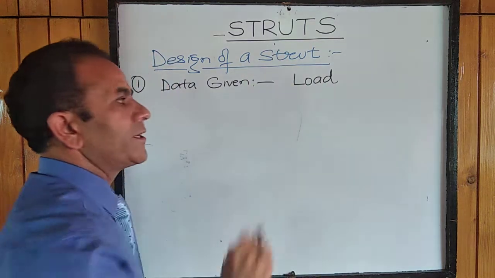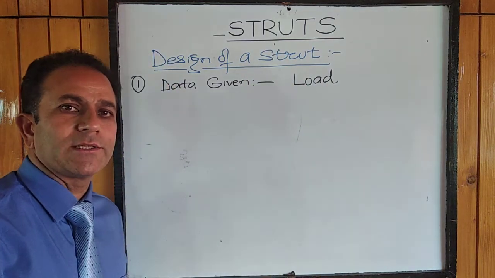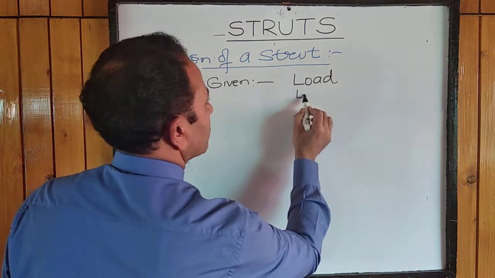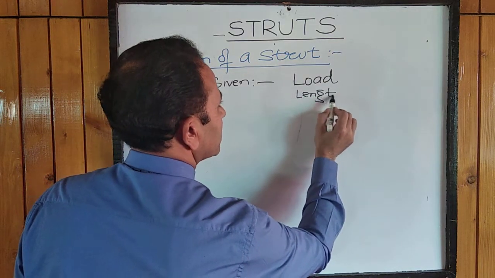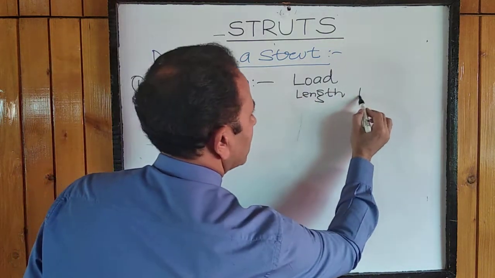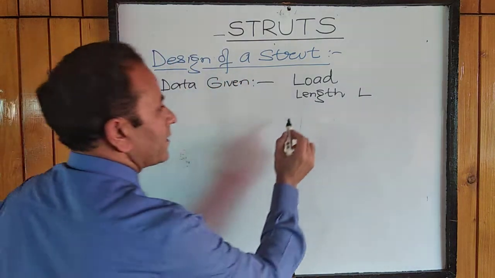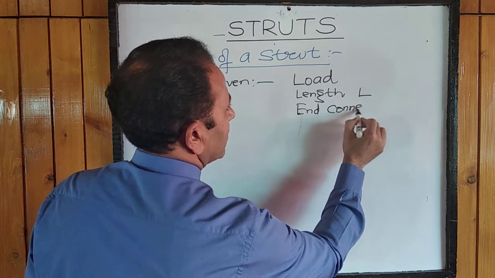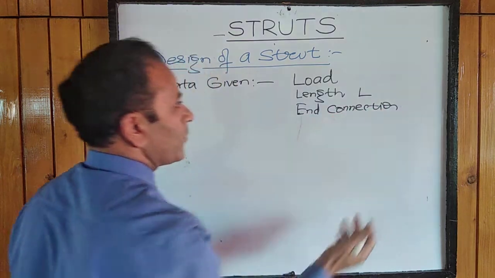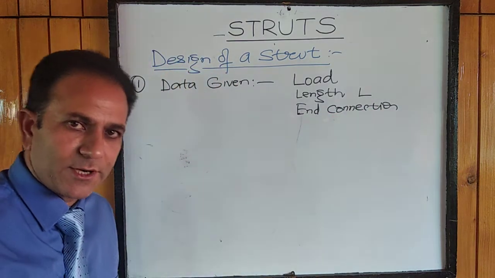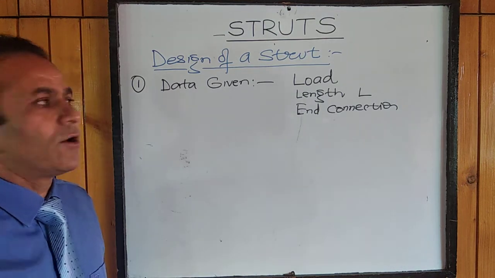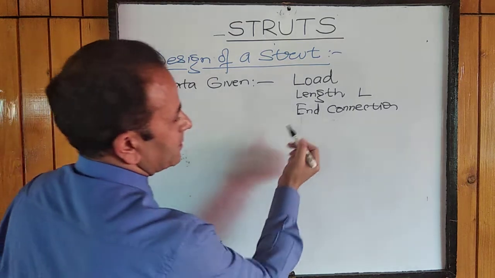This time the load will be provided for which the angle strut, or simply strut, is to be designed. The length of the member between the intersections, that is the total length L, and the condition and connection, whether a riveted end connection or a welded end connection is to be provided, whether a single rivet end connection is to be provided or two or more rivets are to be provided. That must be given as the condition.